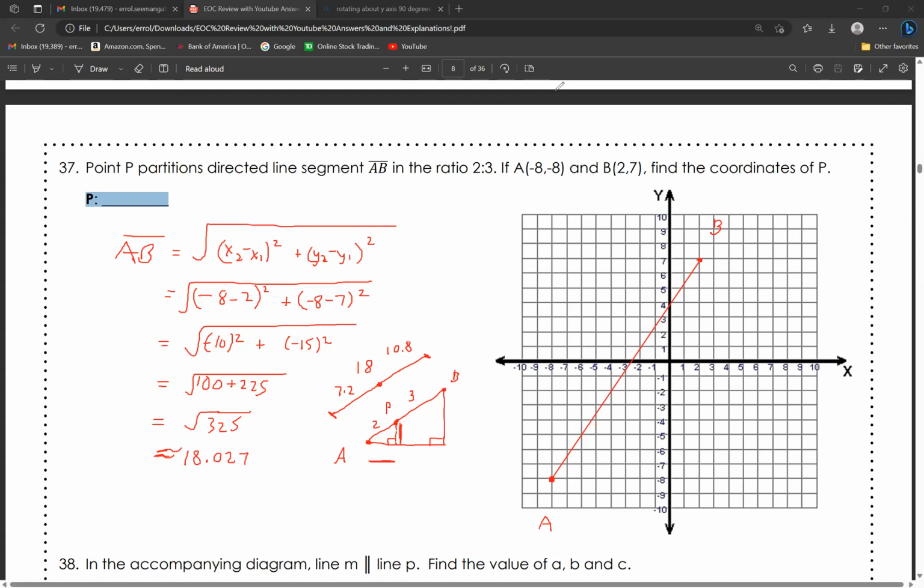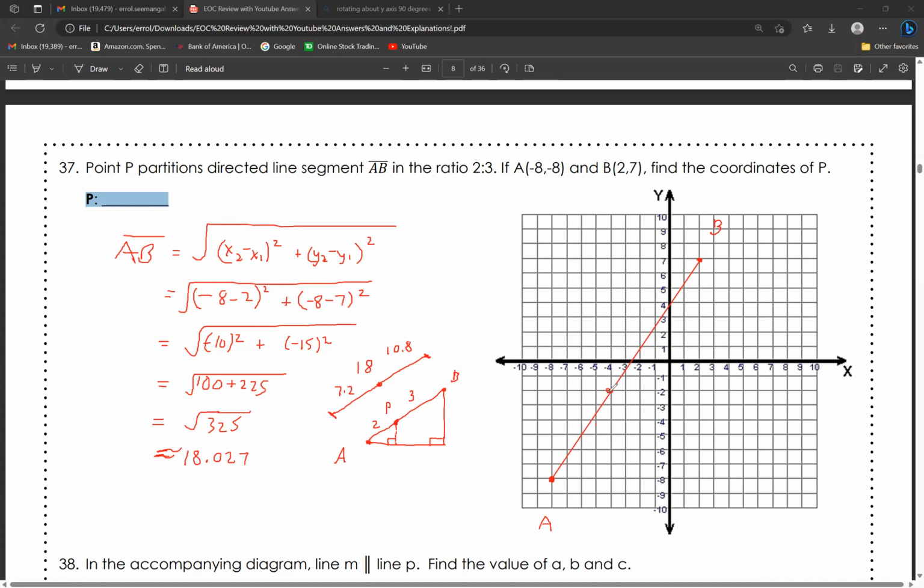Right? Let's see here. It's probably this point right here. Let me just take a guesstimate. It's got to be on this red line somewhere, right? So I'm just looking for a perfect point, like this one here.